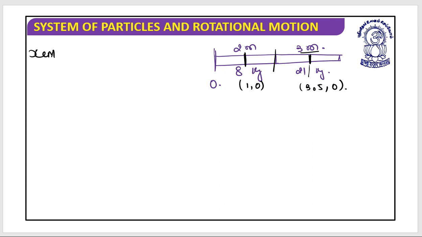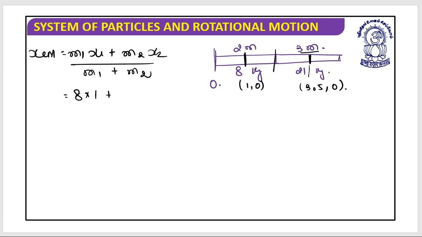Xcm would be equal to m1 x1 plus m2 x2 divided by m1 plus m2. While I write m1 x1, it's 8 multiplied by 1, plus m2, which is 21 kg, multiplied by 3.5, written as 7 by 2, divided by m1 plus m2, which is 8 plus 21.